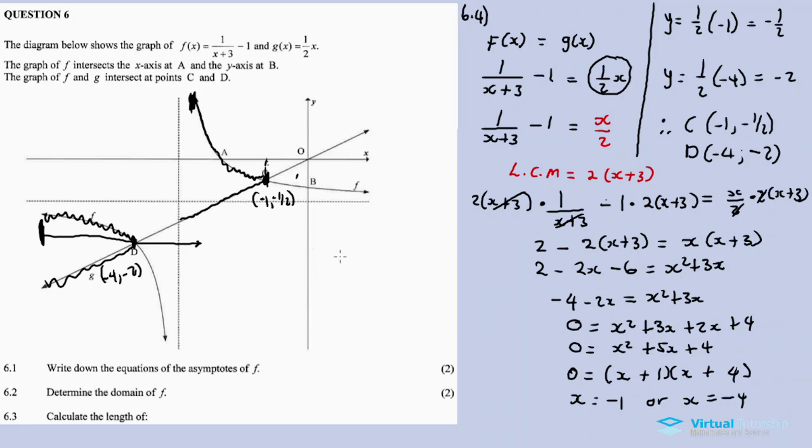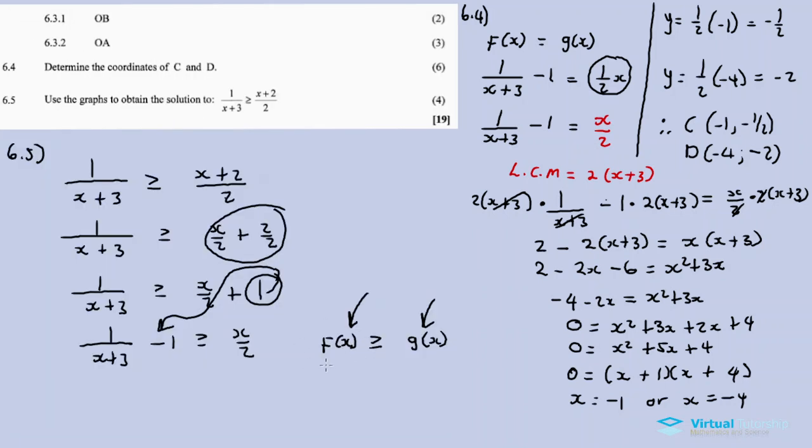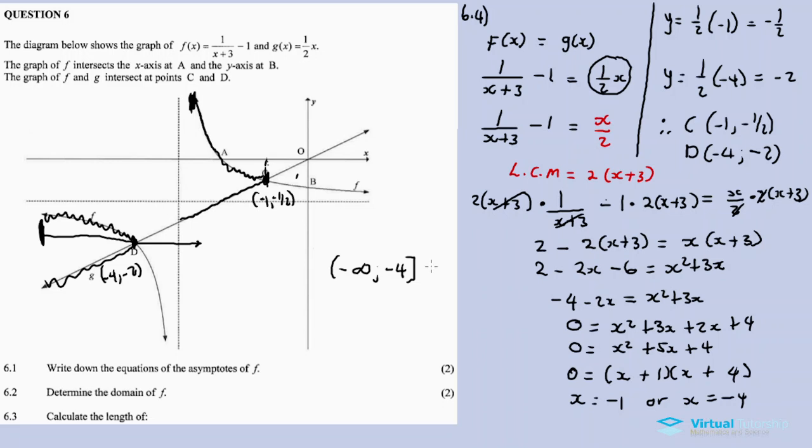So it means that for this range, or for this part of the graph, it's negative infinity excluded to negative 4 included. We include 4 because here the graphs are equal. Remember, we want f of x greater than or equal to g of x. So that's why I include this 4 here.